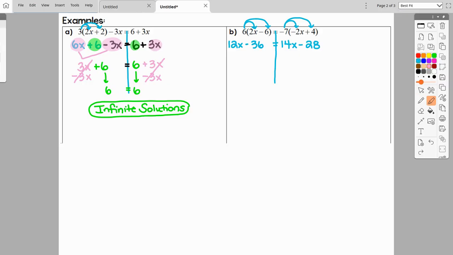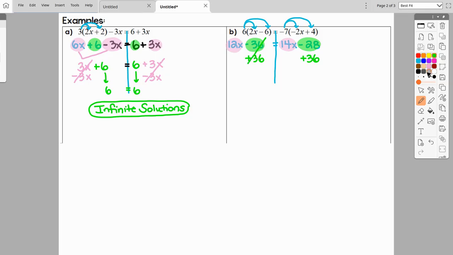From here, I'm going to highlight everything with a letter in pink and everything that's just a number in green. No pink on the same side, no green on the same side. So this is when I have to do the opposite movements here. Doesn't matter what you move over, but I'll go ahead and move over the 36. I have to do the opposite sign, so that's why it will be plus 36 on each side.